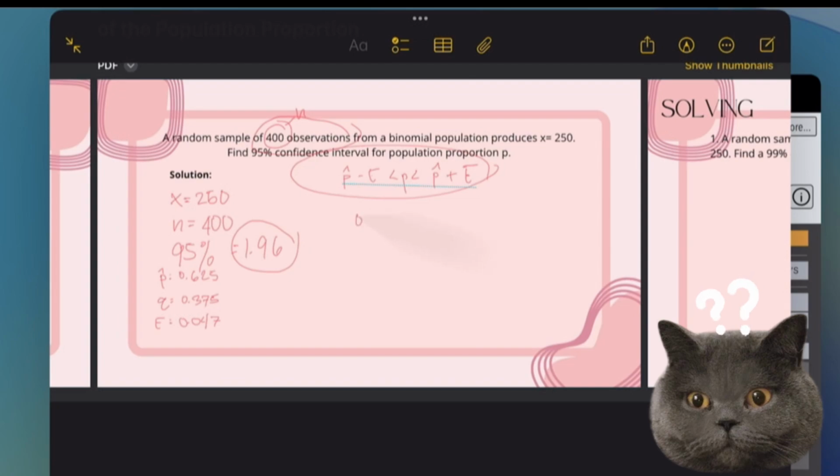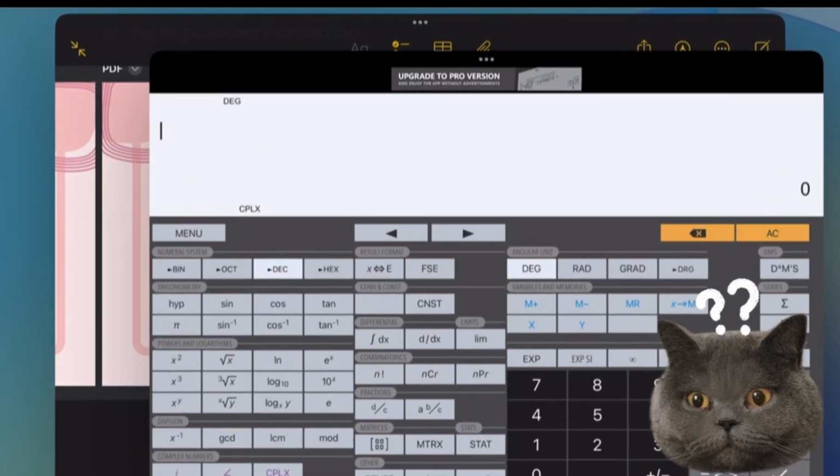I-input na natin 0.625 minus 0.047, 0.625 plus 0.047. So, ilagay natin sa calculator natin.